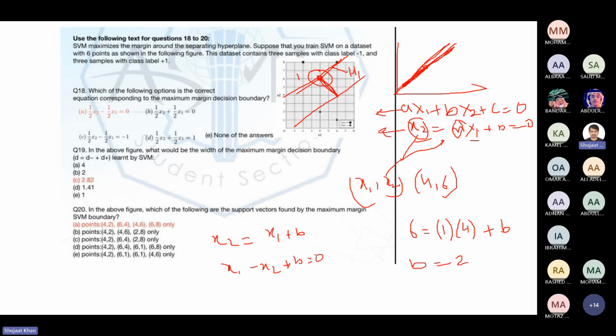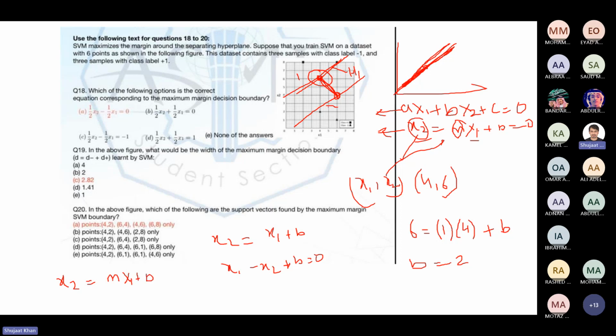This is the equation of this hyperplane. Now for this one, you can do the same, and it will be very nice if you can tell me the equation of this hyperplane. So use the same formula, which is x2 equals m multiplied by x1 plus b.